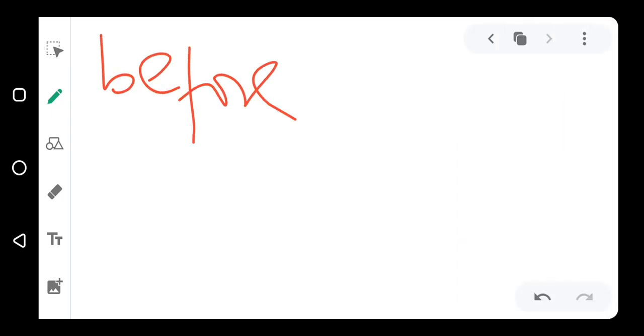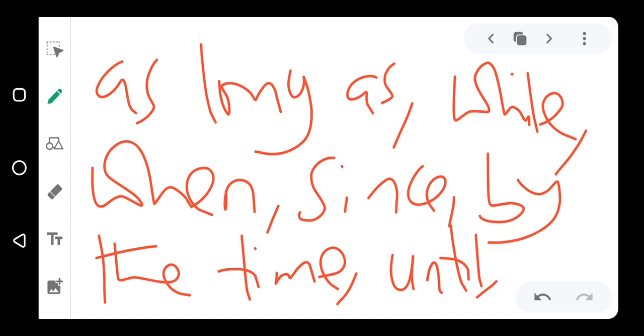So these are the markers that we use in identifying adverbial clause of time. And I say that adverbial clause of time answers the question when. When does this action take place?